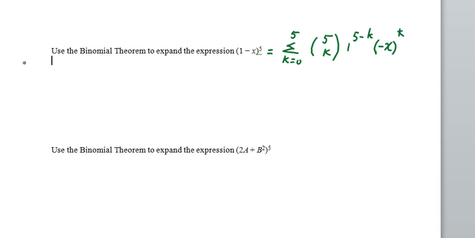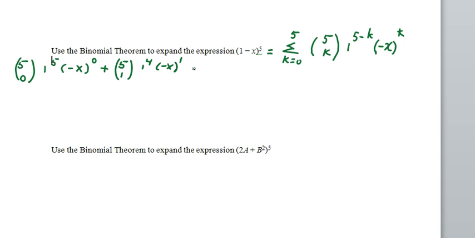So first of all, we'll have 5 over 0, 1 to the fifth, the opposite of x, because we always write the binomial as a sum, to the 0, plus 5 over 1, 1 to the fourth, the opposite of x to the first.